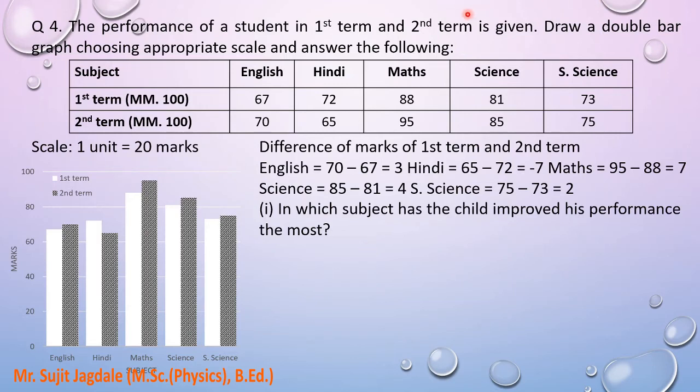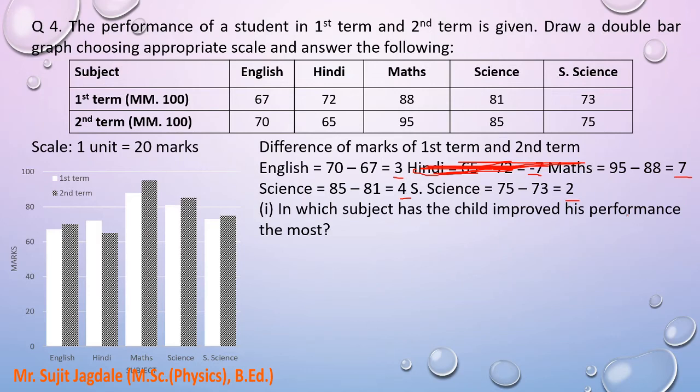By observing all the differences, first one is 3. Here minus 7 means it is decreased, so it is not improvement. Then 7, 4 and 2. As this is not an increment, we can cut Hindi, so there is no need to consider that Hindi. So 4 subjects are remaining: English, maths, science, social science.